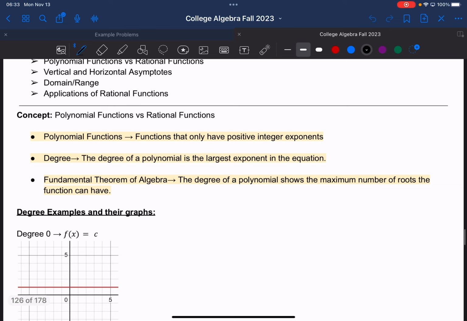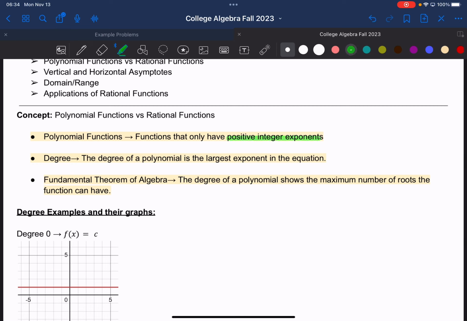So first, starting off with some definitions, a polynomial function is a function that only has positive integer exponents. So these are the functions that have x to the first power, x to the second power, x to the third power, so on and so forth. All positive integer exponents.